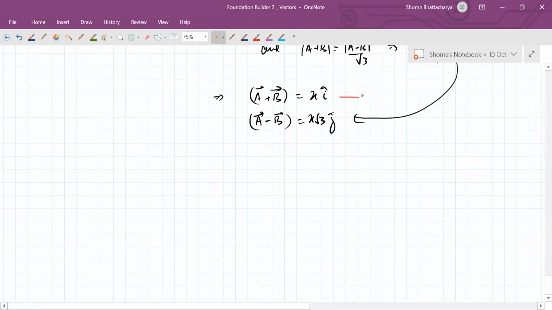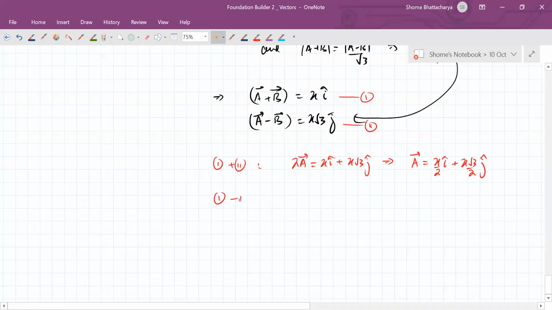You can see that to do equation 1 plus 2, you will get, okay, and if you do equation 1 minus equation 2, you will get the vector B is x by 2 i cap minus x root 3 by 2 j cap.